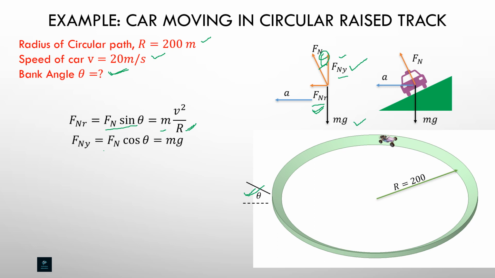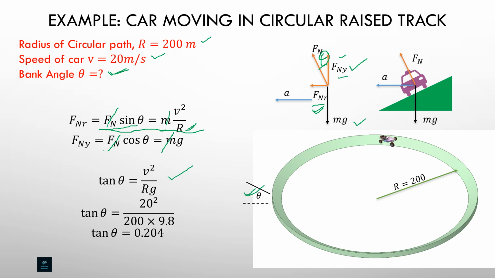Now we can take the ratio of these two equations. Fn cancels, and m cancels. We have sine theta by cos theta equals tan theta, and this equals v square by rg. Putting the values of v, r and g, we get tan theta as 20 square divided by 200 into 9.8.